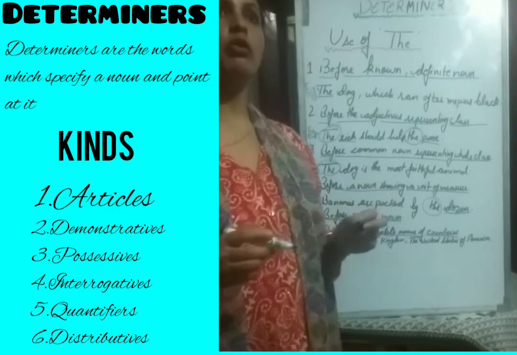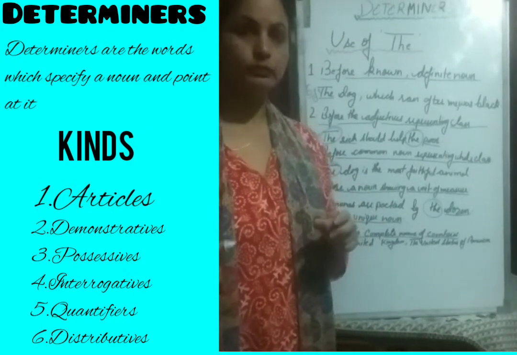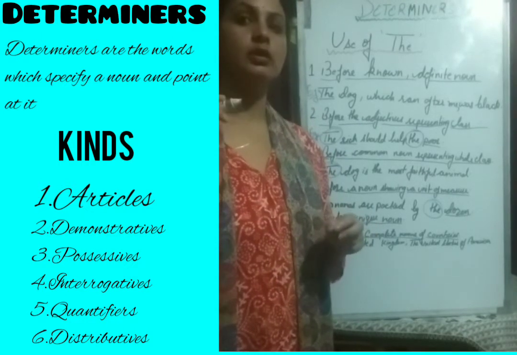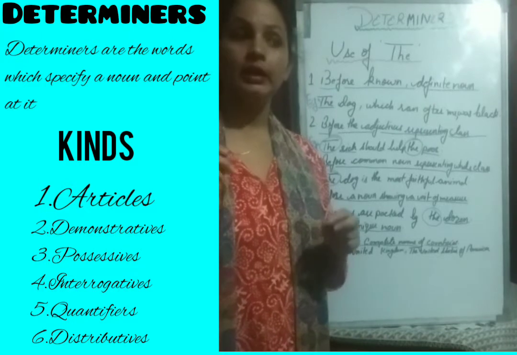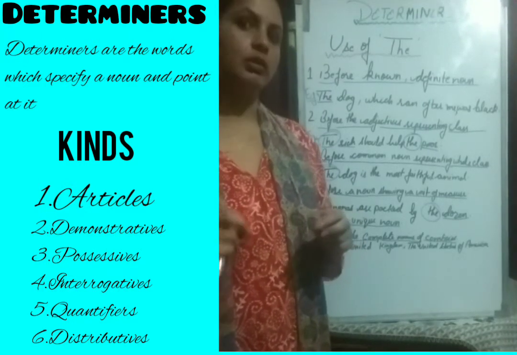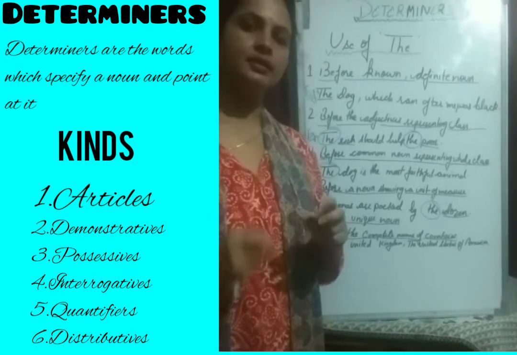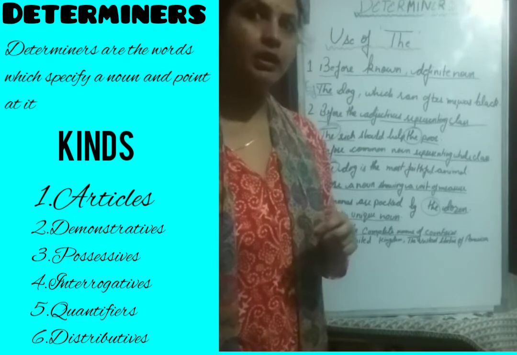A unique noun means that which is one of its kind. Before such a noun we use the definite article, the. Like the earth, the moon, the Sahara Desert, the Thar Desert, Mount Everest, the Himalayas.